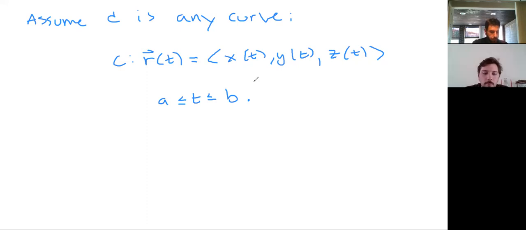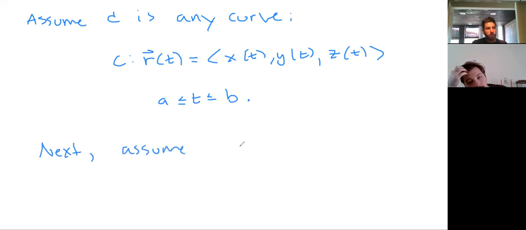So the next thing we want to assume is that F is conservative. It is equal to the gradient of some scalar function.